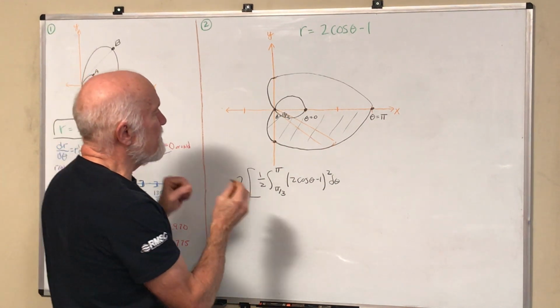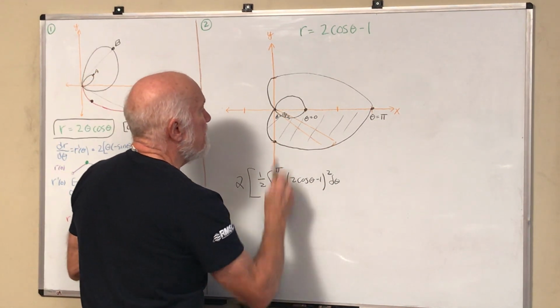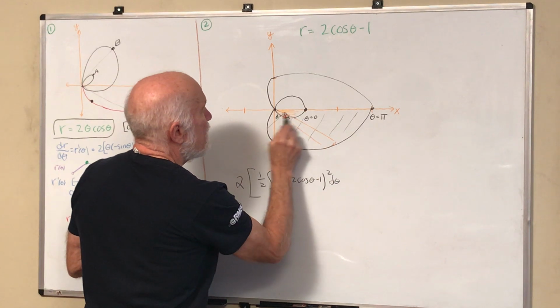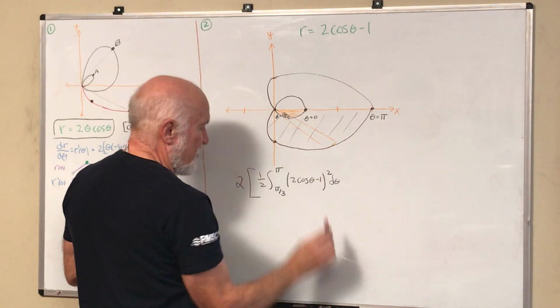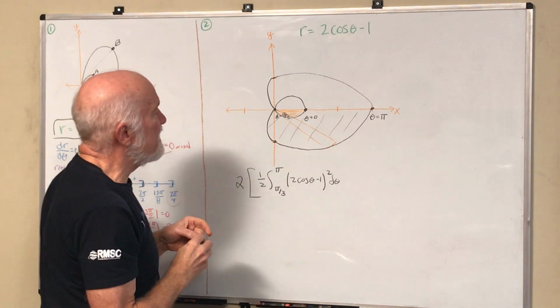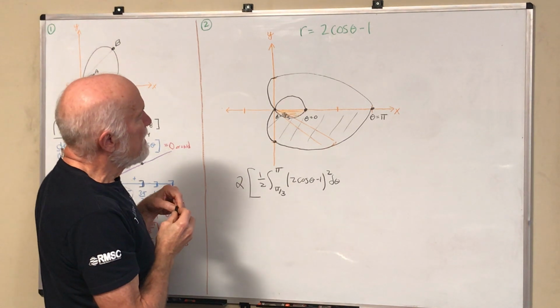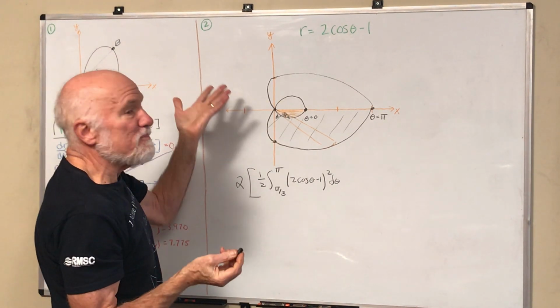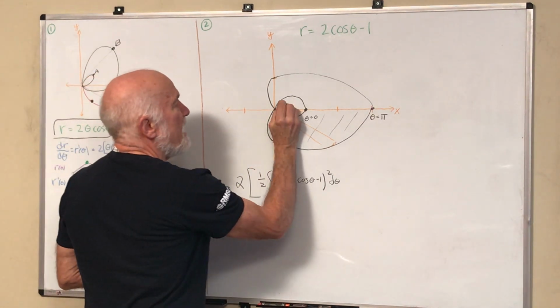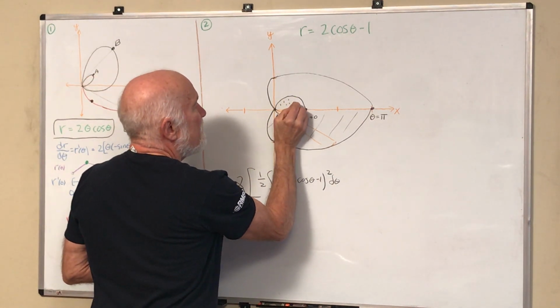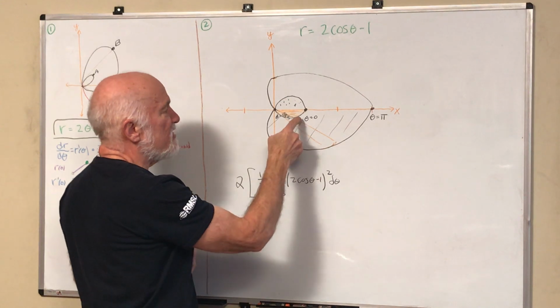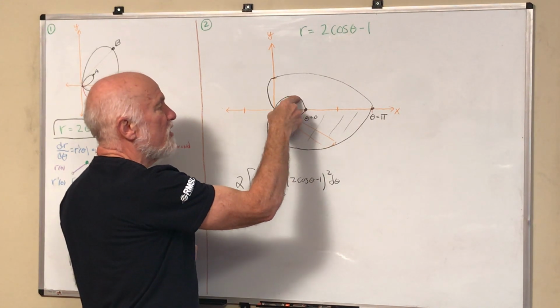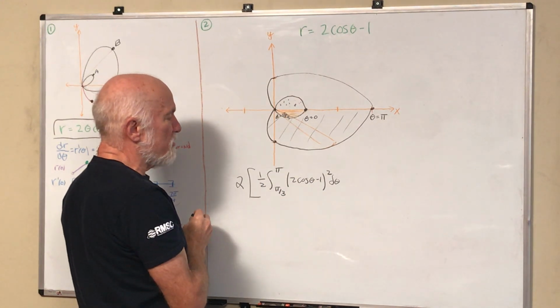But now I have to subtract out this right in here. It's the same function, but it's traced out at a different time. You could trace it out either at the bottom or the top, because they're the same. So I'm going to pick this top section right up here, because that was traced from theta equals 0 to theta equals pi over 3.